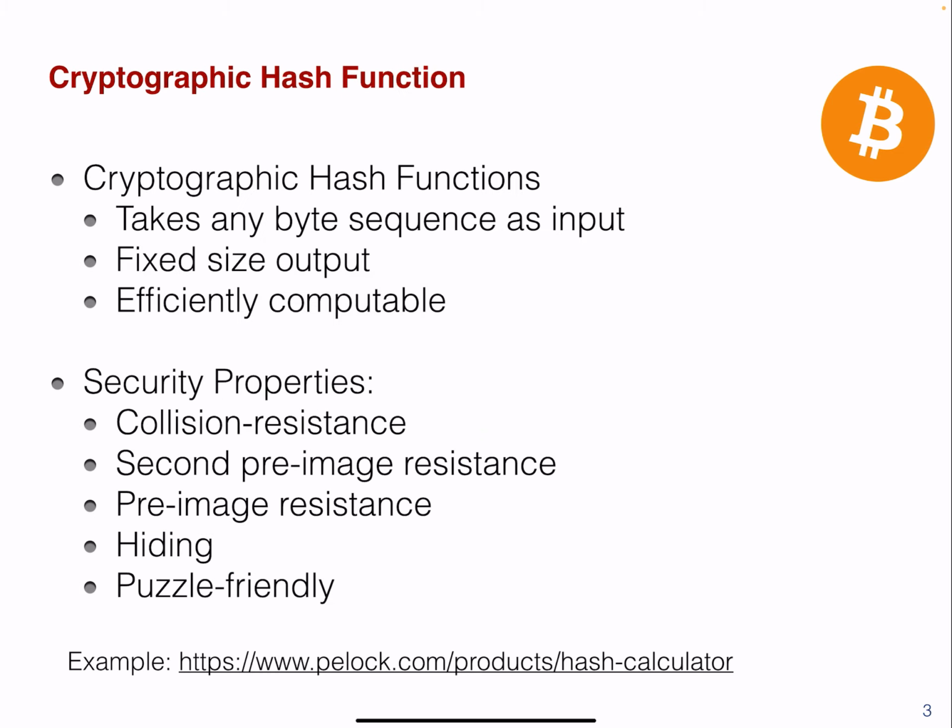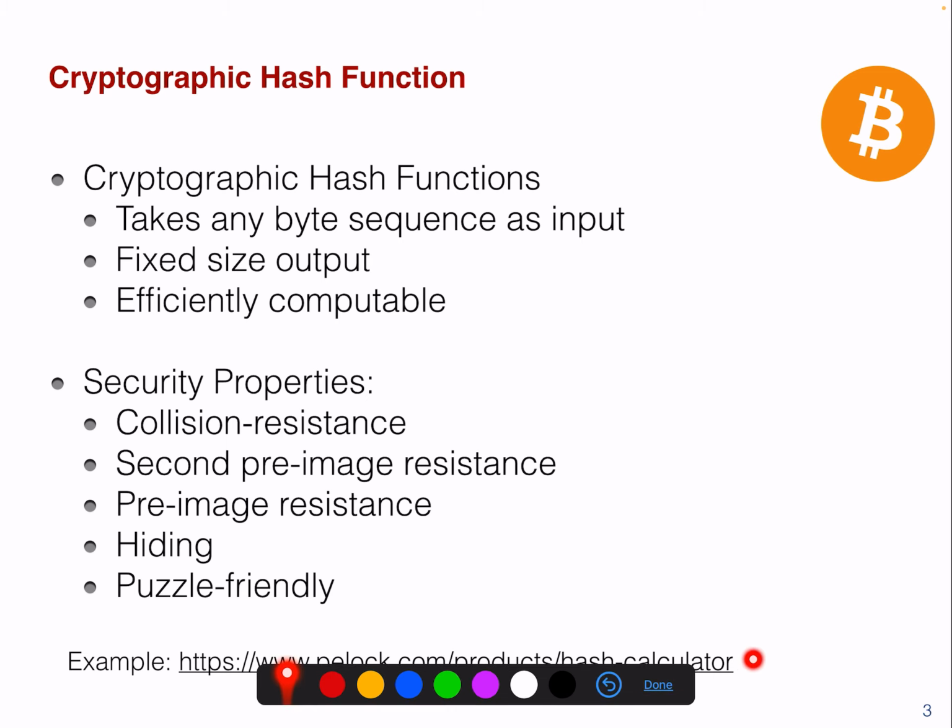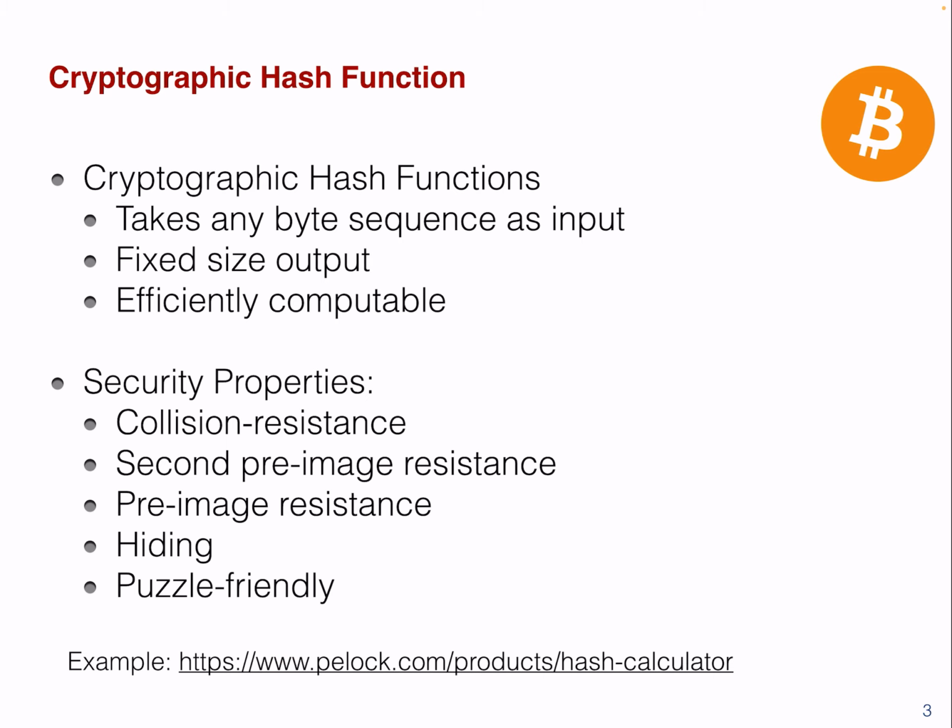So cryptographic hash functions take any byte sequence as an input, they produce a fixed-size output, and they're typically efficiently computable. I can recommend you have a look at this particular website if you want to play around with hash functions.